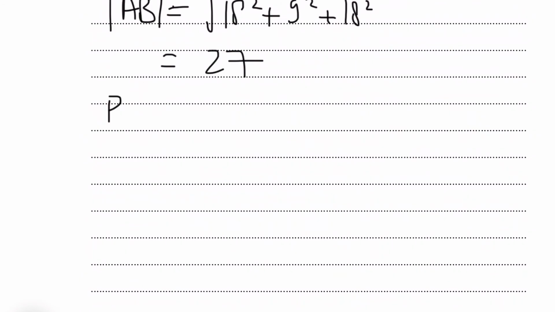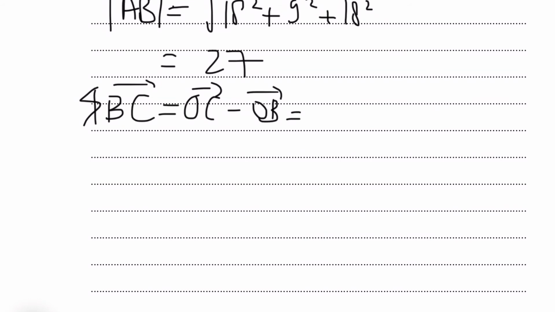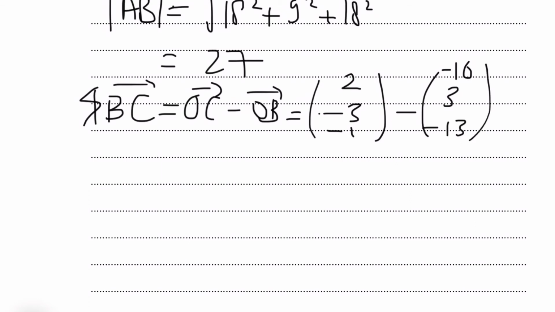For BC, it's OC minus OB. So 2, -3, -1 minus -10, 3, and -13 will give you 12, -6, and 12.